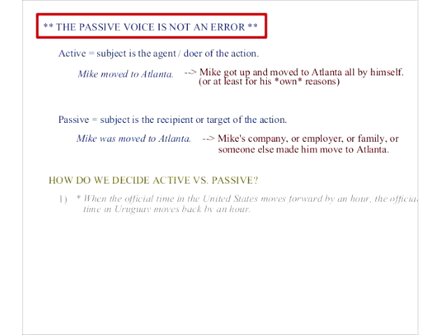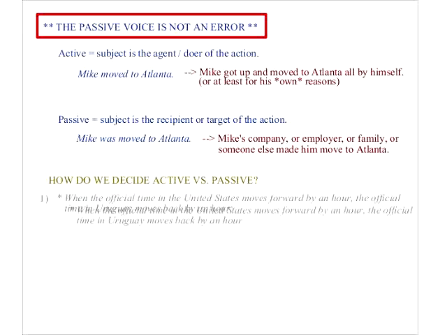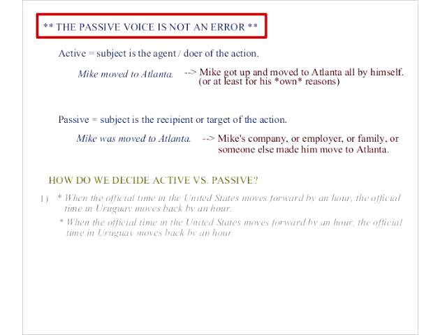And then the other version of this will be this: when the official time in the U.S. is moved forward by an hour, the official time in Uruguay is moved back by an hour.